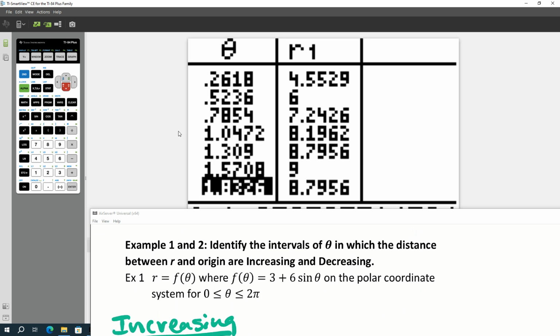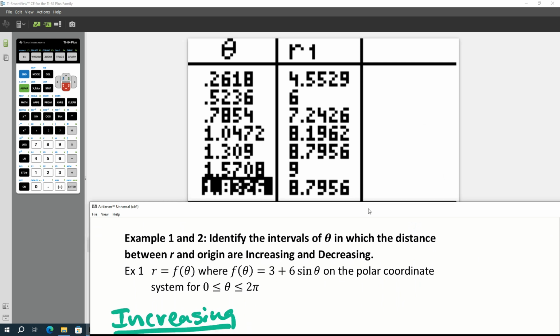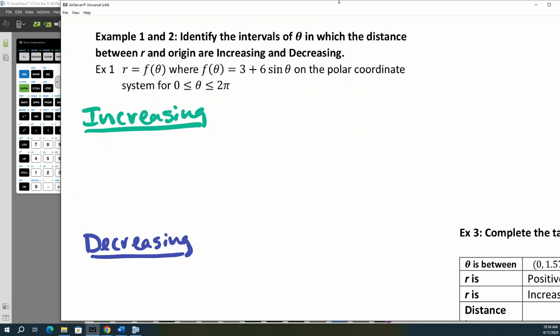All right, then they start decreasing. So positive increasing means that distance is increasing from 0 to 1.571. And I know it's going to change over to decreasing at that 1.571.